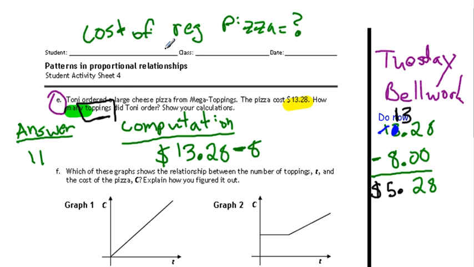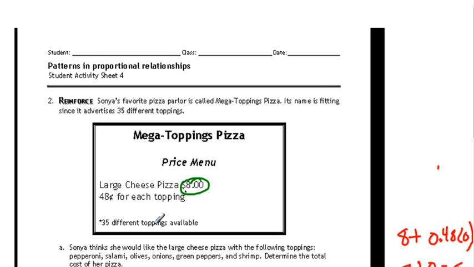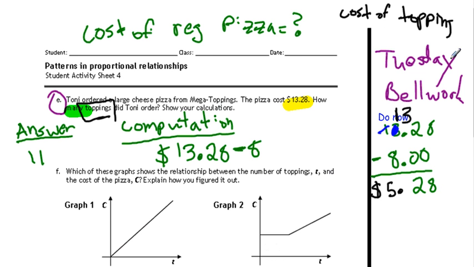What's the cost of toppings? The cost of toppings is what? For one topping it is 48 cents. So right now, I want you to set up this division house.